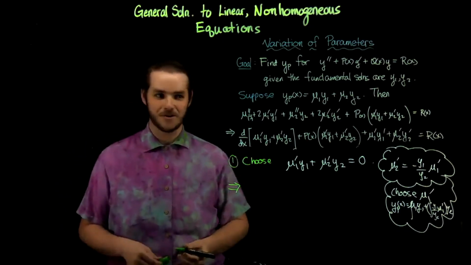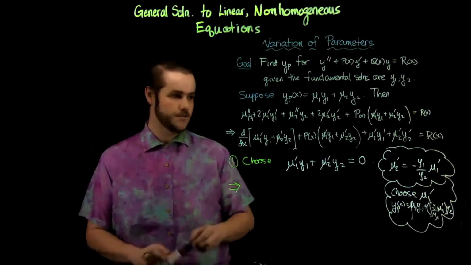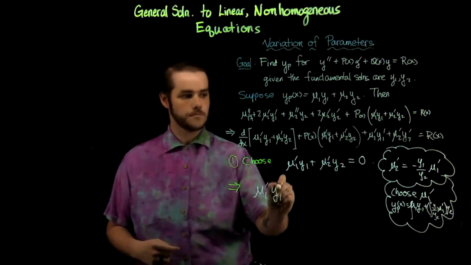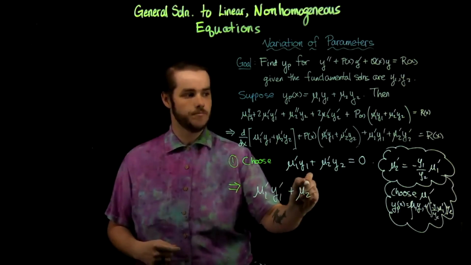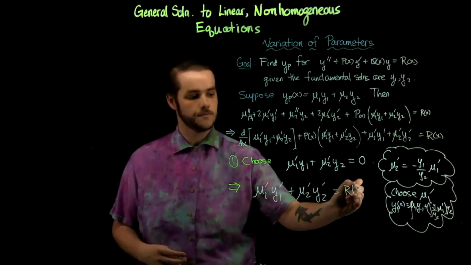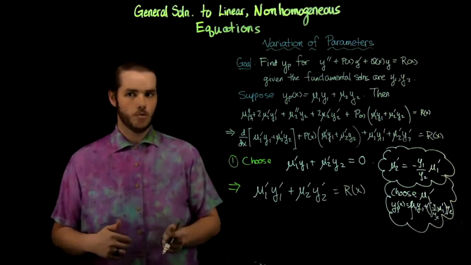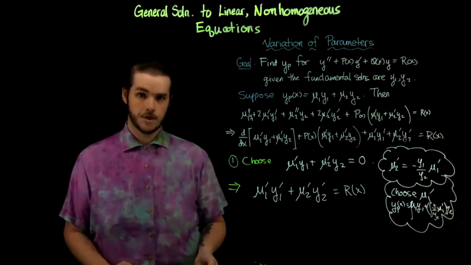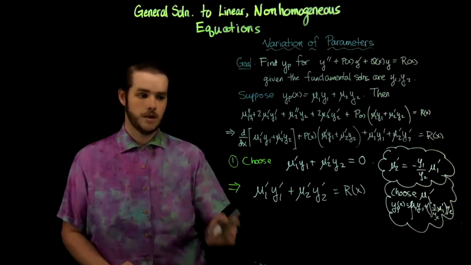Both of these terms disappear now that I've got zeros, and it just leaves me with mu1 prime y1 prime plus mu2 prime y2 prime equals r of x. Remember, y1 and y2 are things that I know. Those are fundamental solutions to the homogeneous equation.